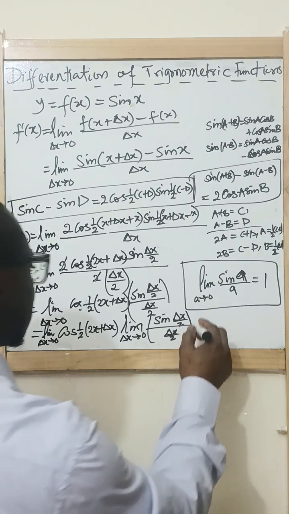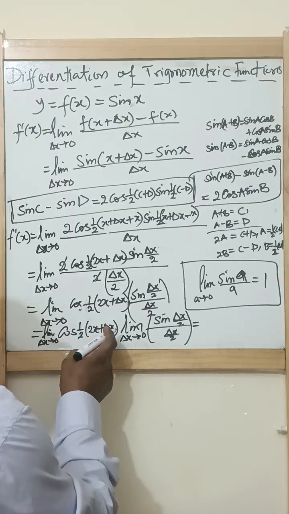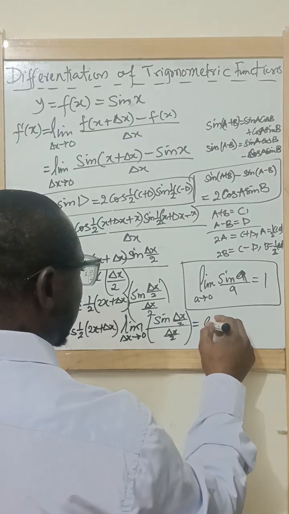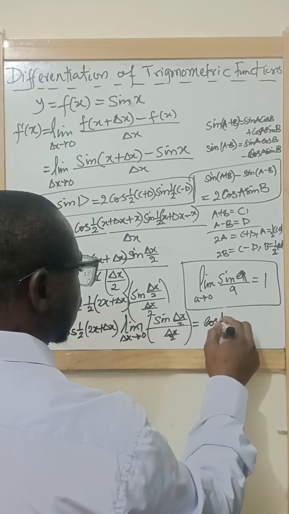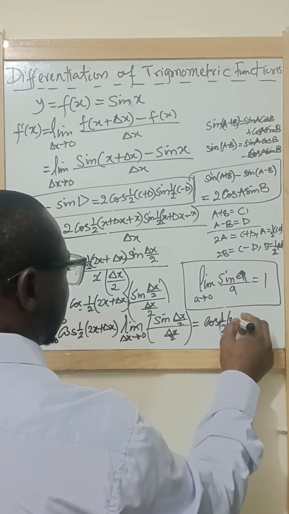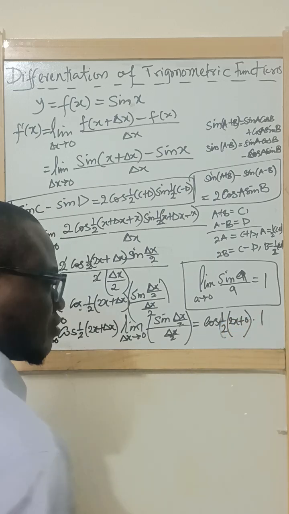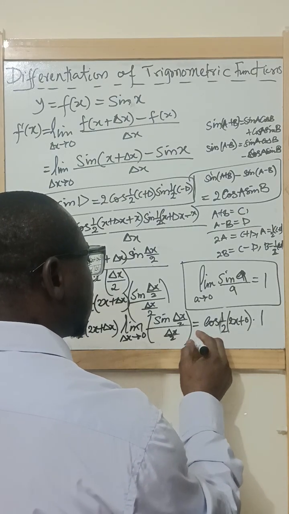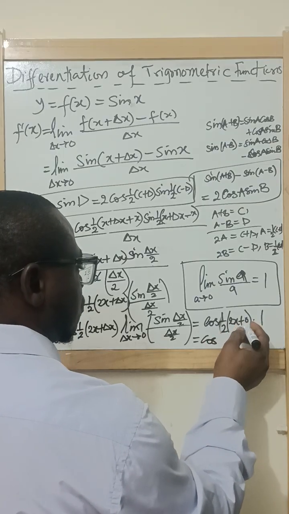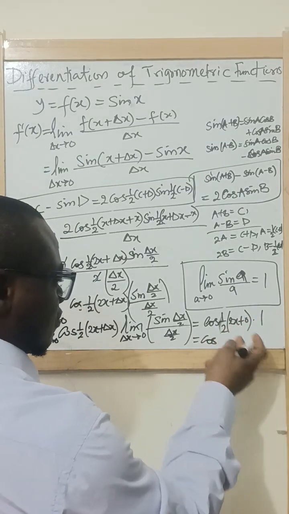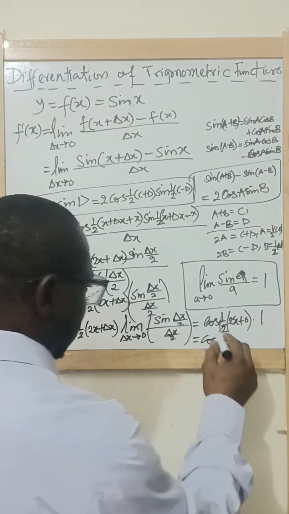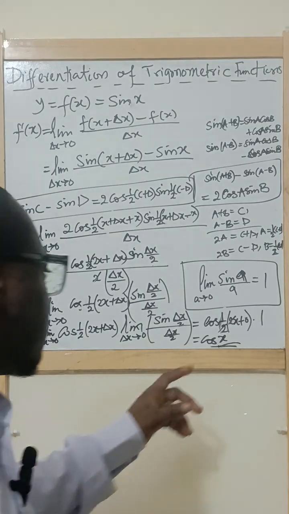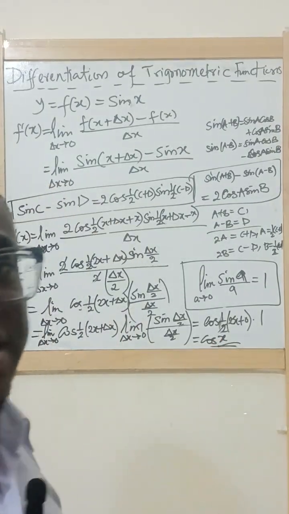Now when you substitute 0, this one becomes 1, so it is cos of 1 over 2 times 2x plus 0, which is 2x, and the end result is cos x. So this is now the differentiation of sine x.